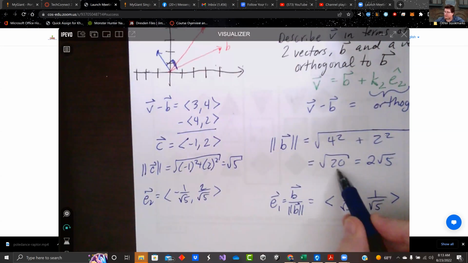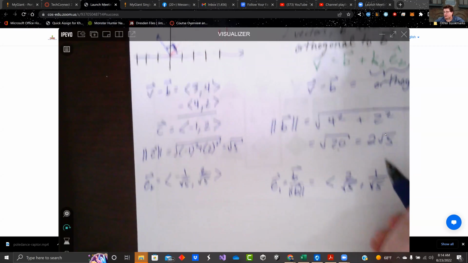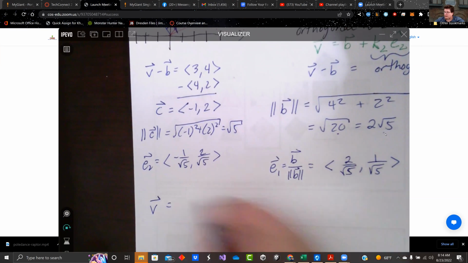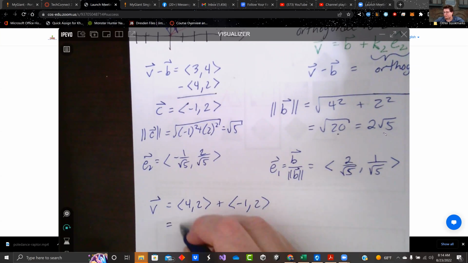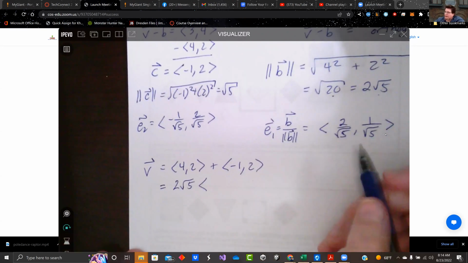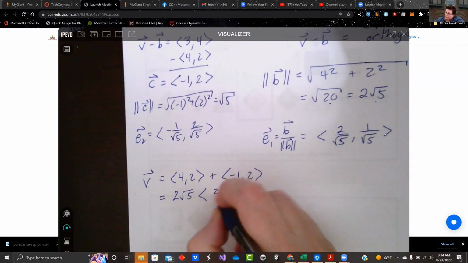And we know these are the scalar multipliers to make those. So I could say V equals 4, 2 plus -1, 2. And then I can say that's 2 root 5 times E1, plus square root of 5 times E2 from C. If you really need the unit vectors, you would go the next step and do this part. But you usually don't.